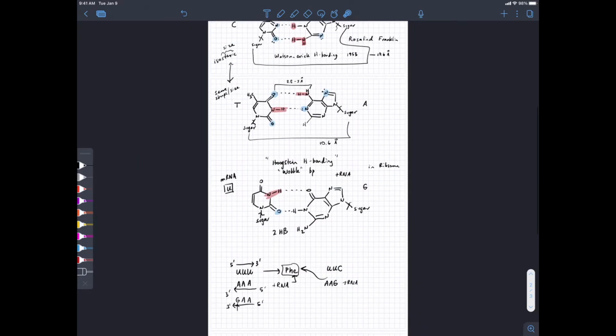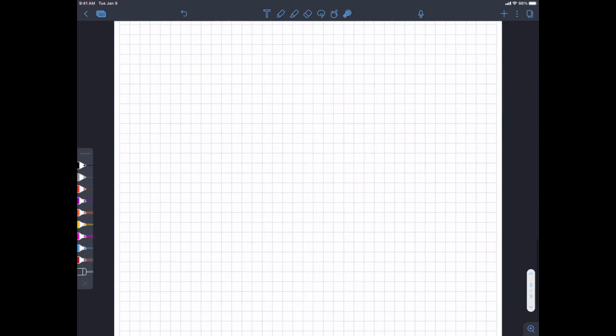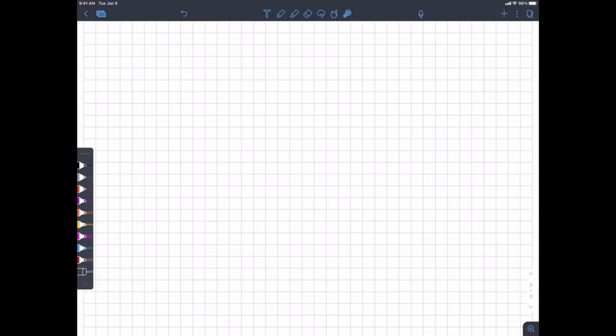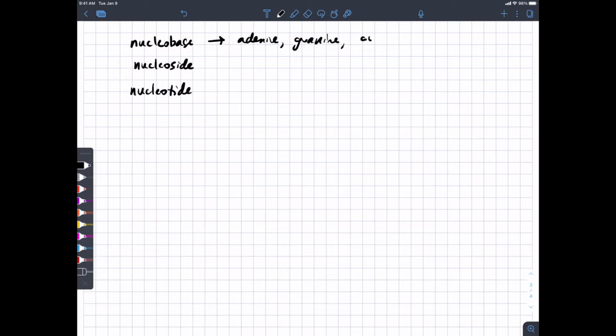Everything I say is important, but anyway, there's a difference between a nucleobase, a nucleoside, and a nucleotide. The nucleobase is what we've just talked about: adenine, guanine, cytosine, and thymine. Okay?